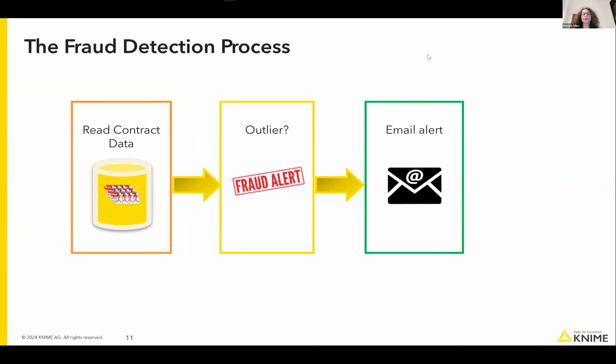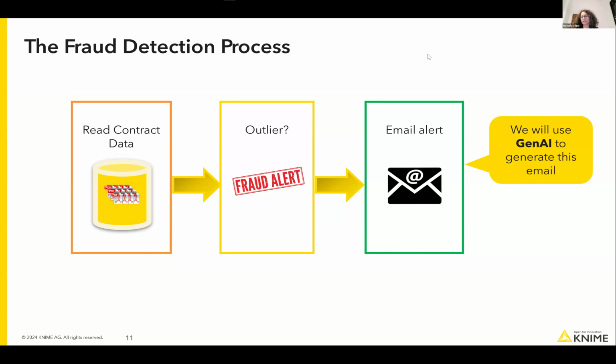So the fraud detection process then includes reading the contract data. Is there an outlier or more? If we find a few outliers, then we find the customers that are affected and we send them an alert email, a warning email. So the part where we can use GenAI is either to find the outliers or to create these email texts.